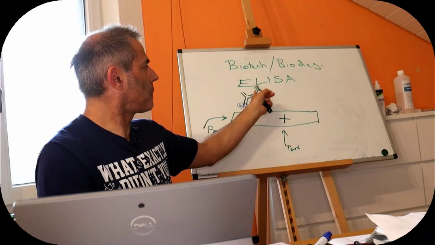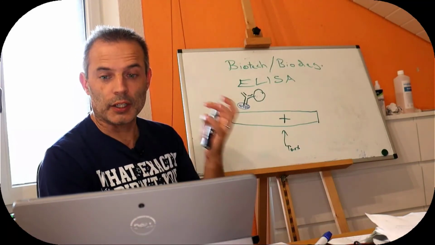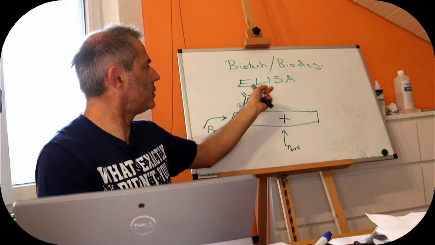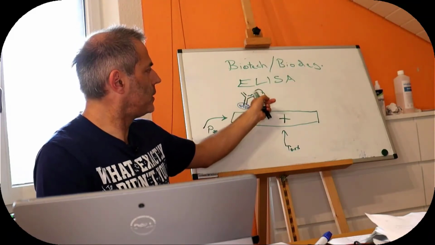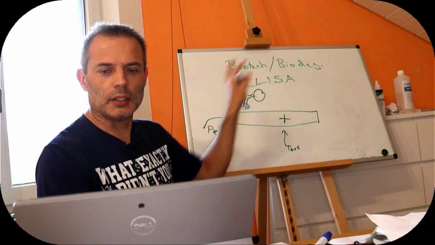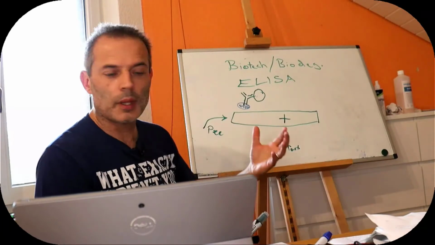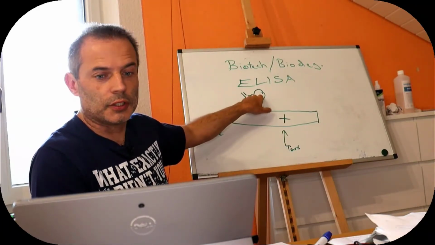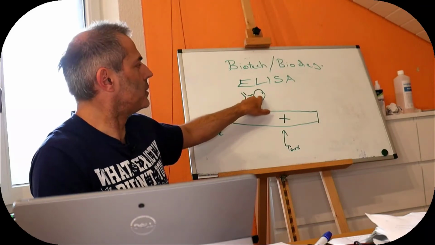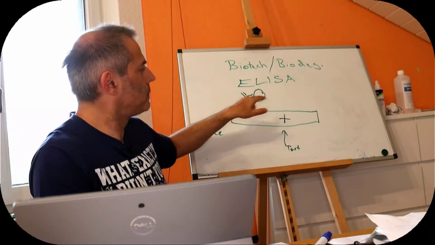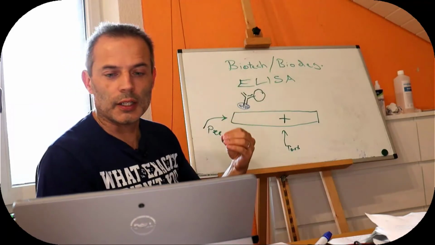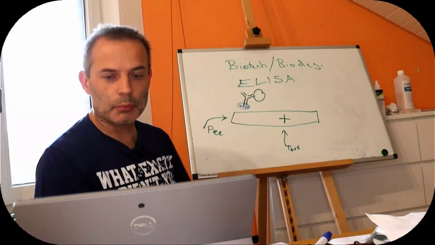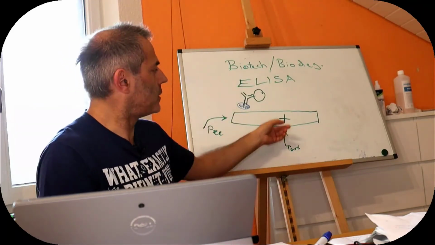Our recognition region that's going to detect our protein is on the side up the top here, so I should have drawn it slightly canted onto the top, and that is first of all going to recognize the protein human gonadotrophin G, HGG.